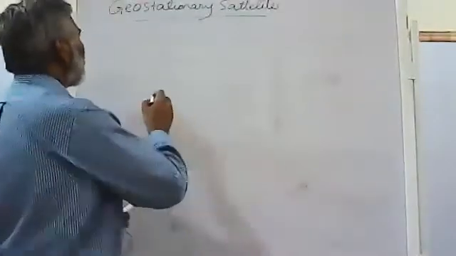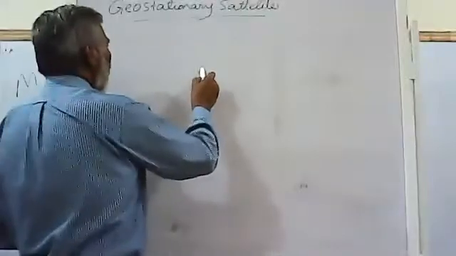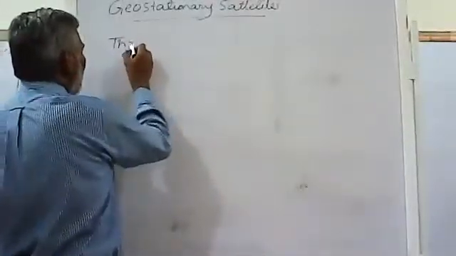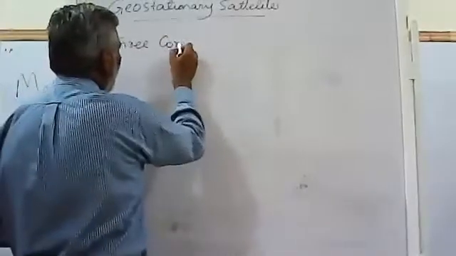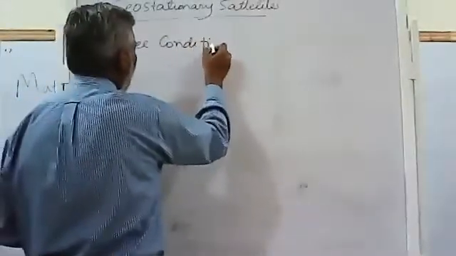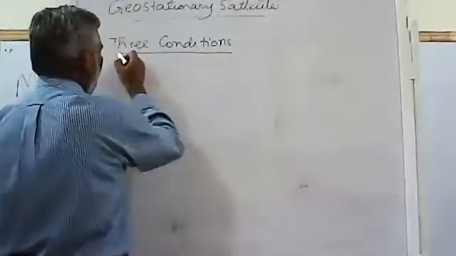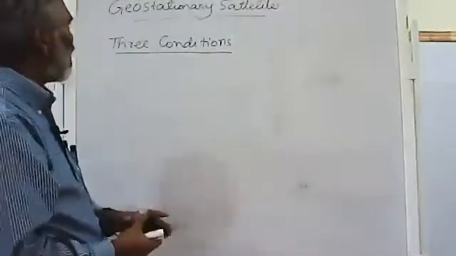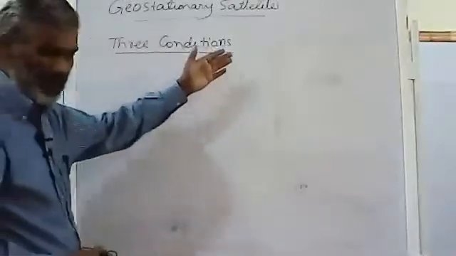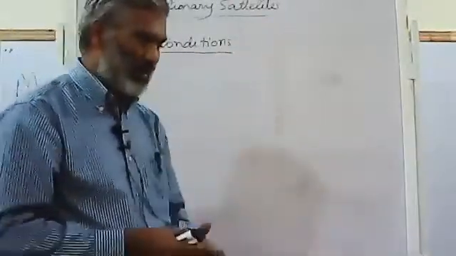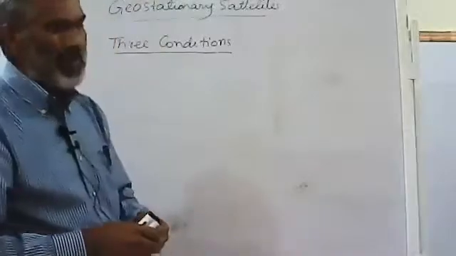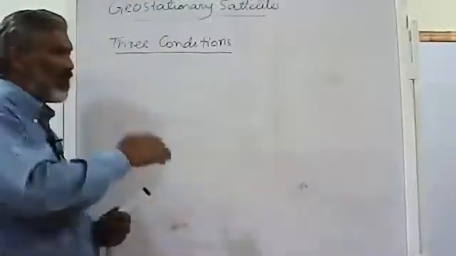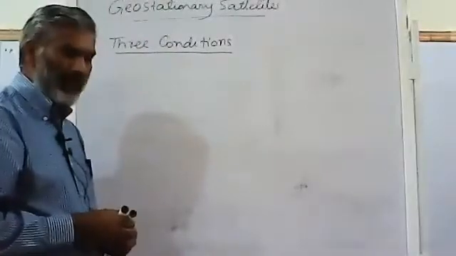Geostationary satellites, there are three conditions in order to qualify to become a geostationary satellite. Geostationary satellites are those satellites which appear to be stationary at their position above a certain geographical location.